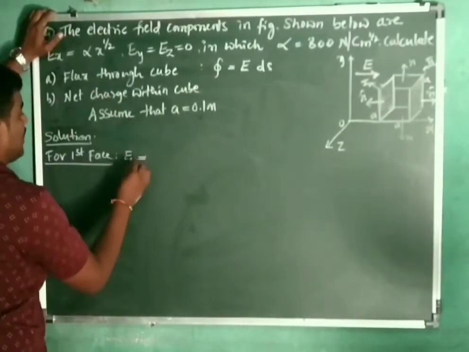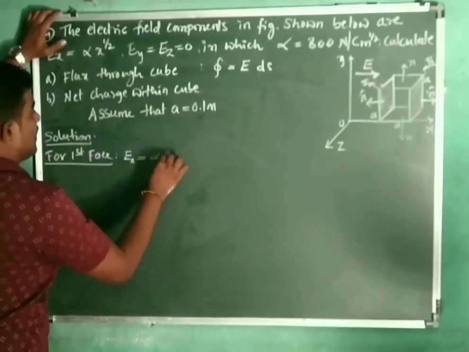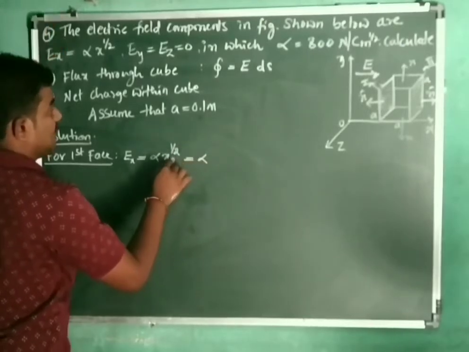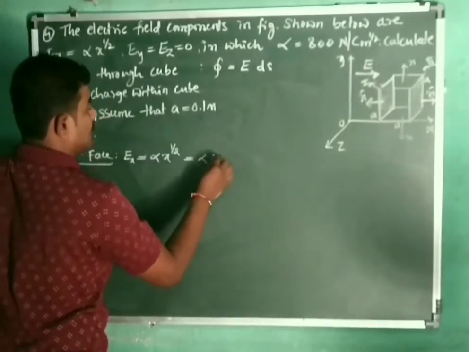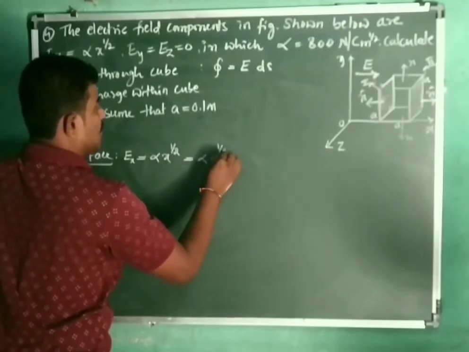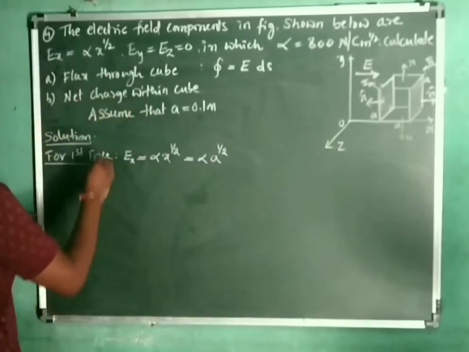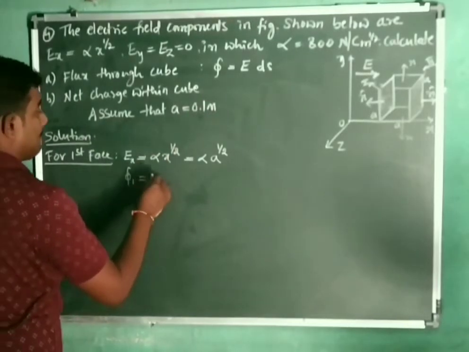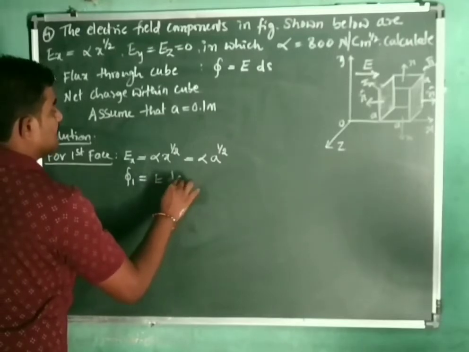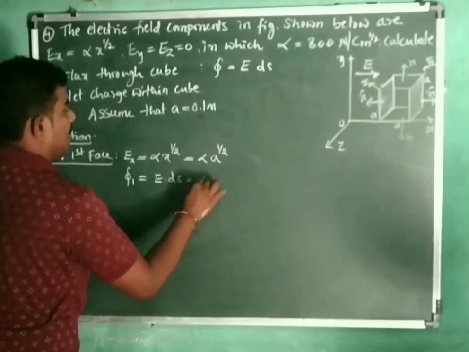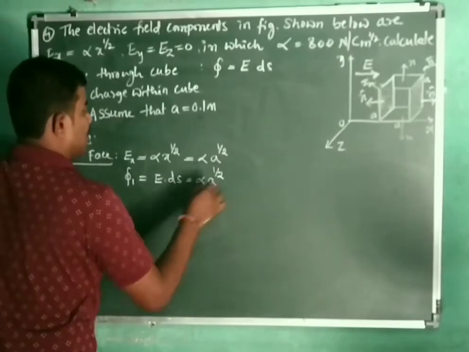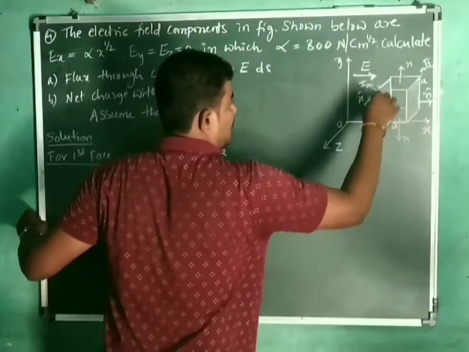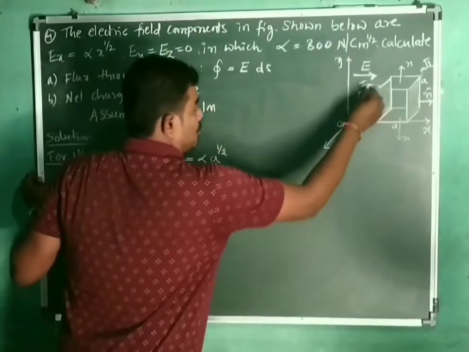Electric field E is equal to alpha x to the power 1 by 2, and the x value here is a, so alpha a to the power 1 by 2. Now electric flux, let us call it phi 1, is E into dS, where E is alpha a to the power 1 by 2, and dS is the surface of the first face, a into a, that is a squared.